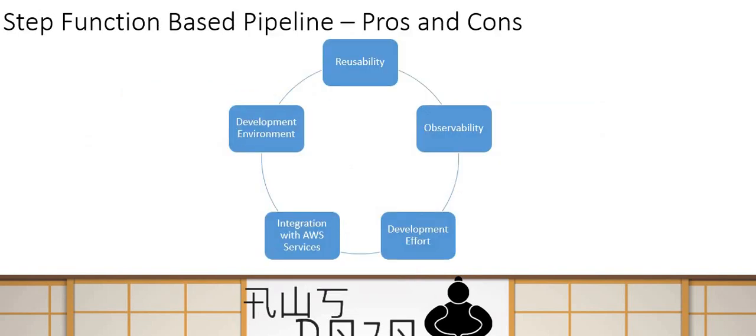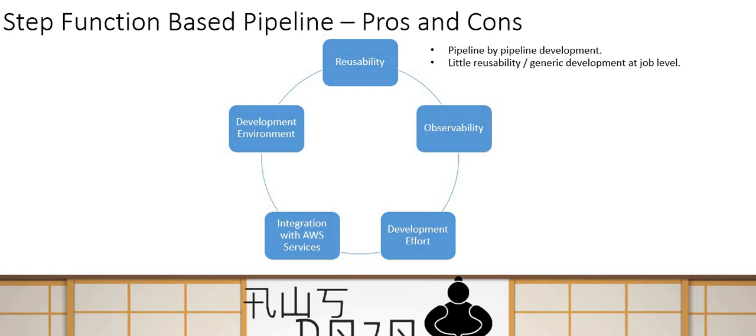Now, when you're trying to build a Step Functions based pipeline, you need to be aware of certain pros and cons. Basically, you're doing pipeline by pipeline development. So suppose you have some 10 data sources and some 70-80 different ETL pipelines, then you have to develop each of these ETL pipelines independently using a Step Functions workflow.